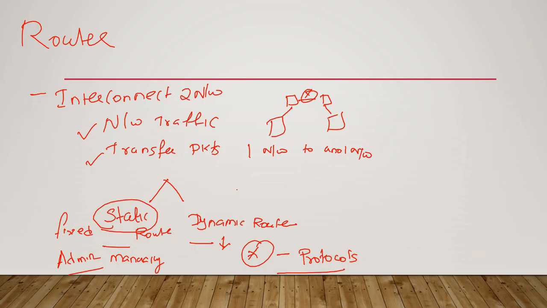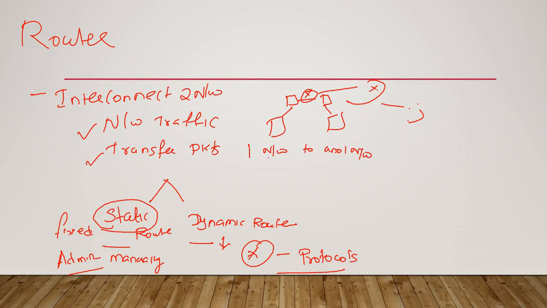But the disadvantage: suppose this is the topology, and this is the only way we can do it. Later the topology is extended like this. At that time what will happen?